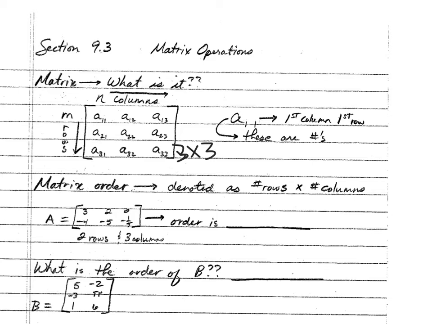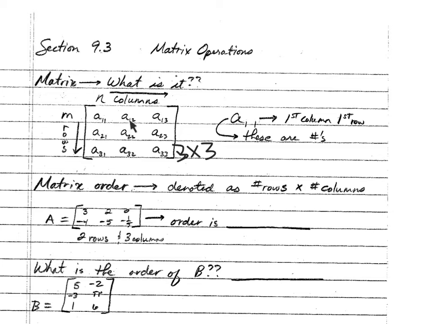You see here where it says A11. That's just the first row, first column number. This is always going to be a number, but it designates the position.